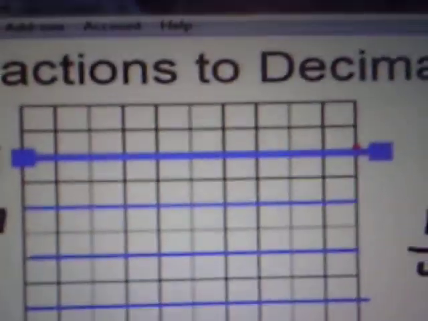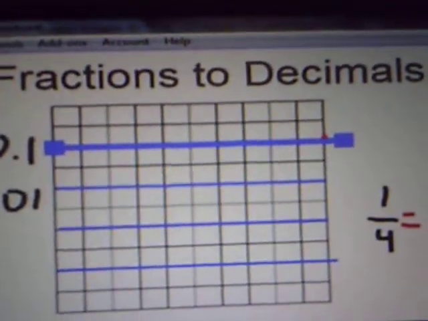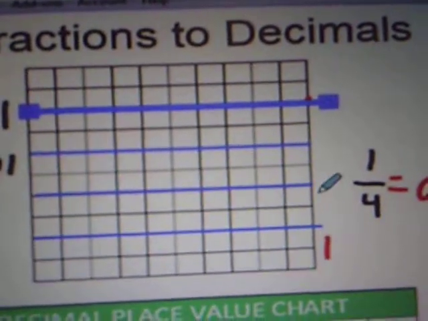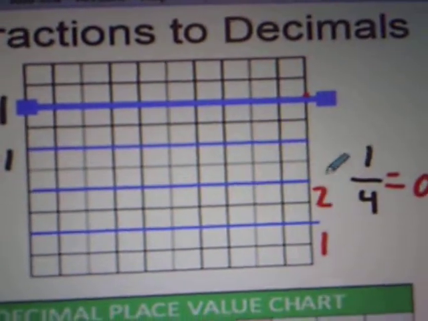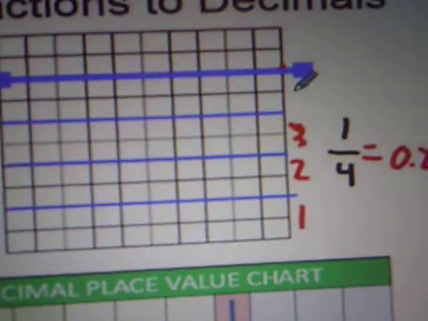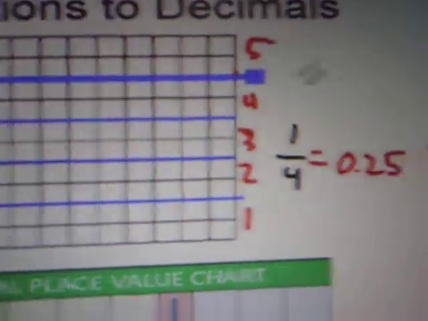If you look, I divided it up evenly into 5 equal parts. Here's group 1, here's group 2, group 3, group 4, and group 5. So I have this in 5 equal groups, and that is what this denominator means.